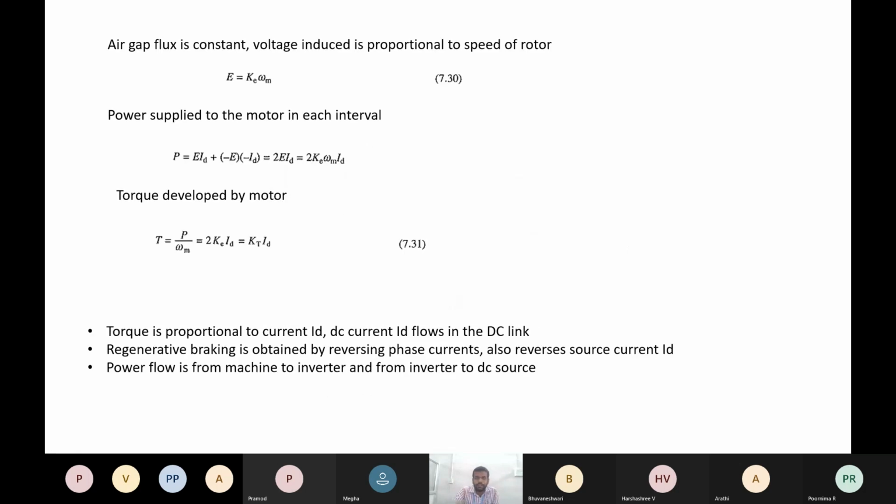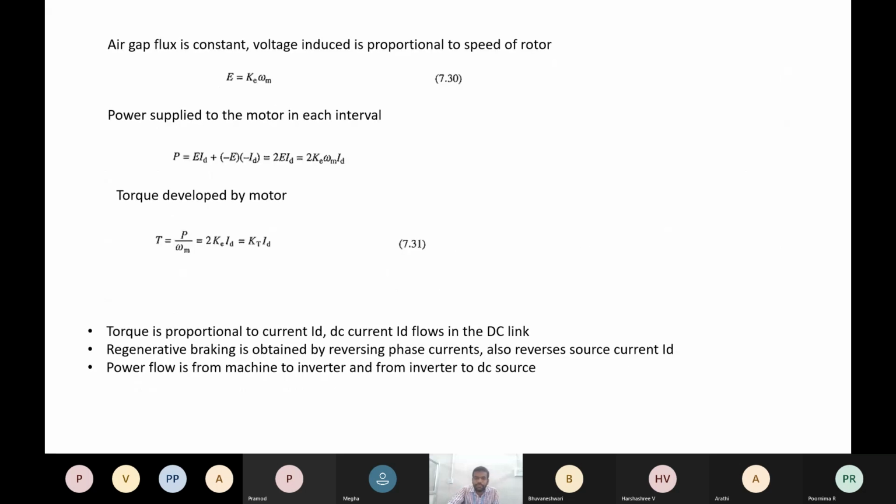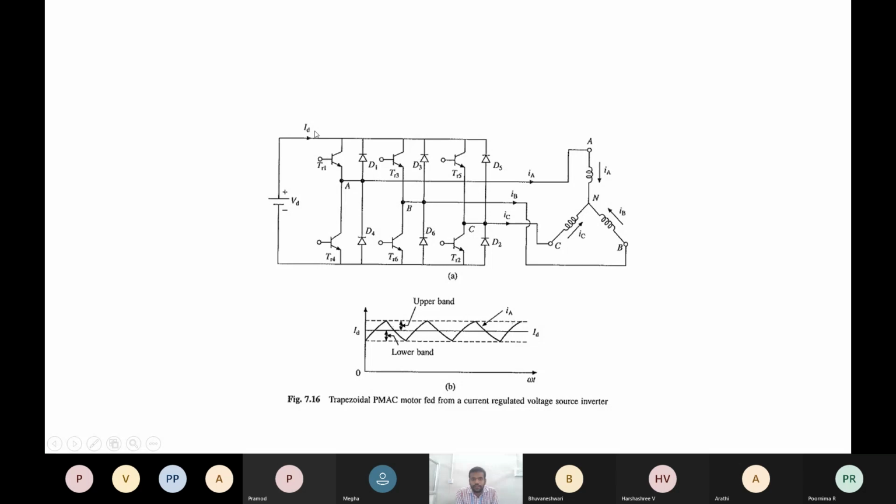This is the point that I am interested to tell. And here the current enters through phase A and leaves through phase B.